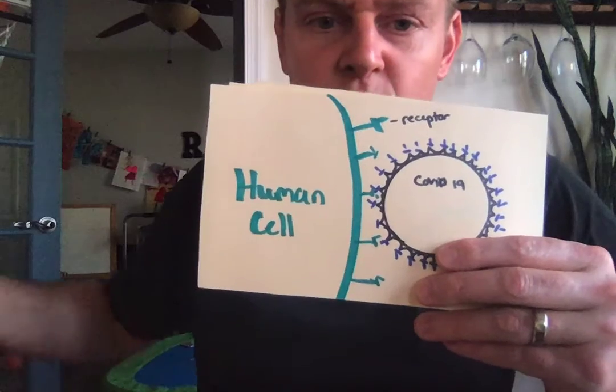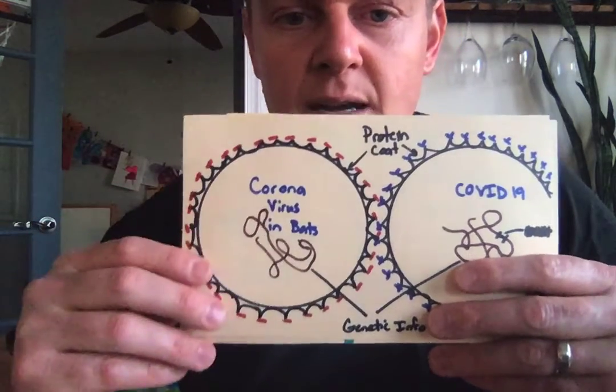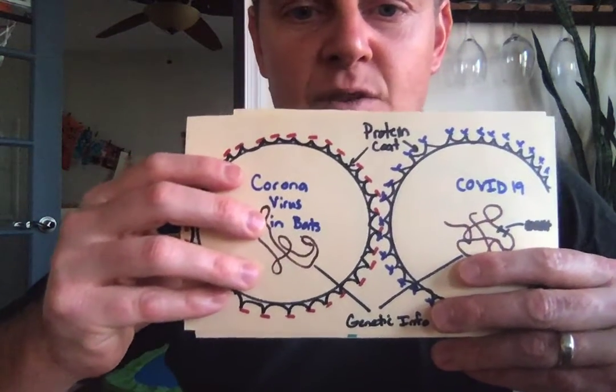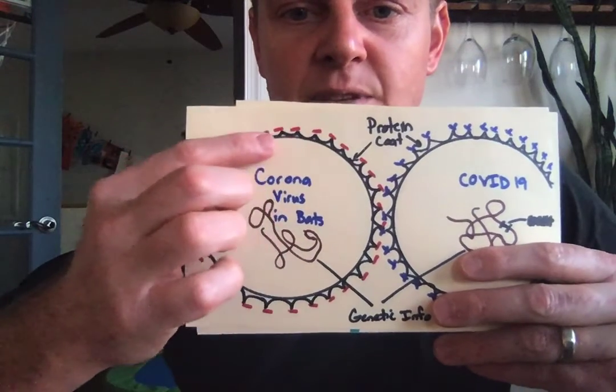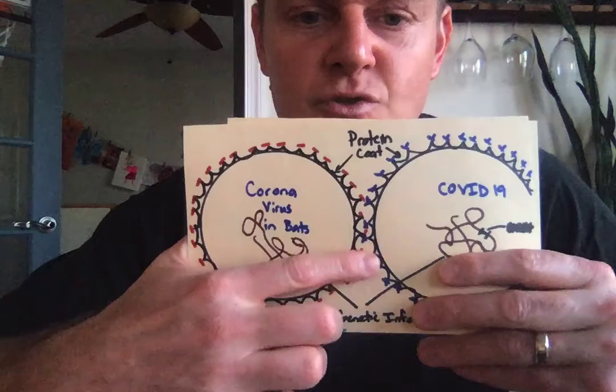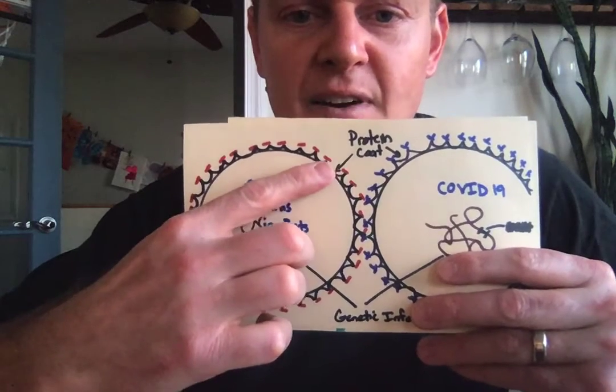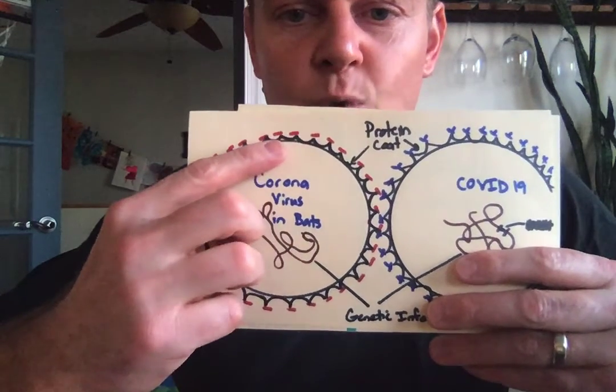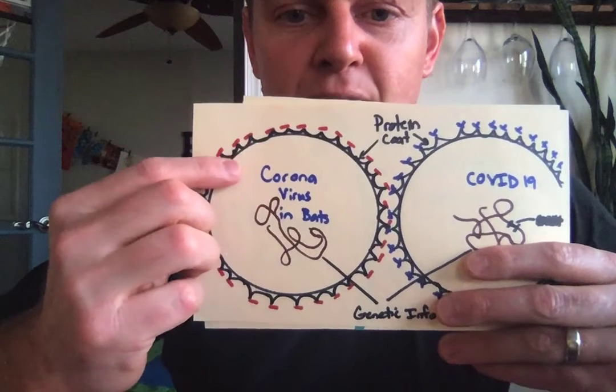So here is our original virus, our original coronavirus over here. Right, you notice that this original protein coat, this structure on the outside, it's very, very specific to the type of organism that it can infect.